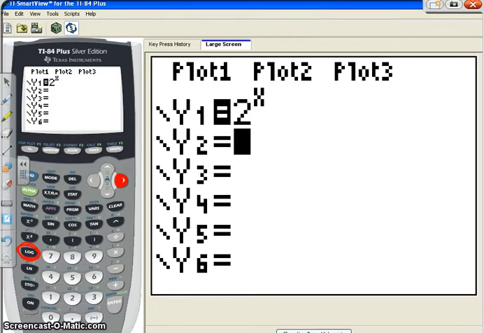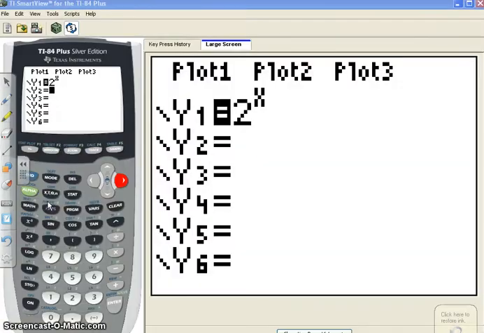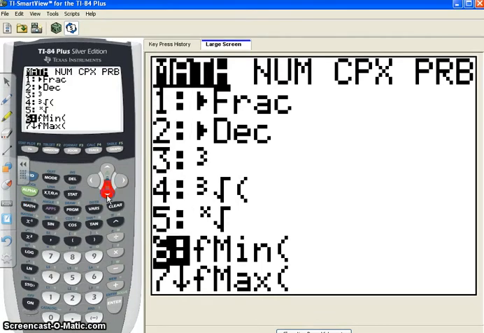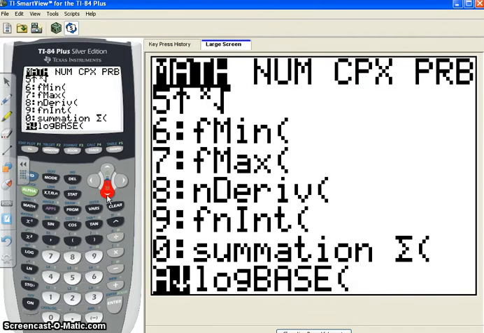So to get that different base, when you go into your calculator's math section and scroll down to the bottom, you've got something that says log base.